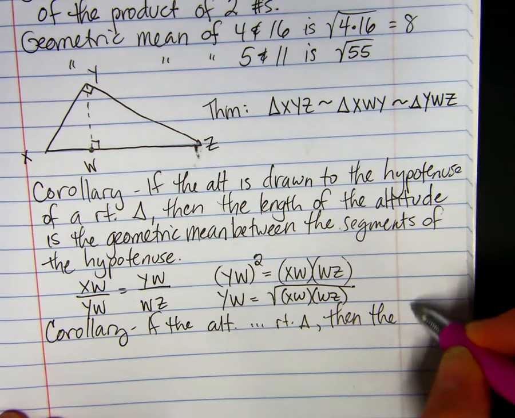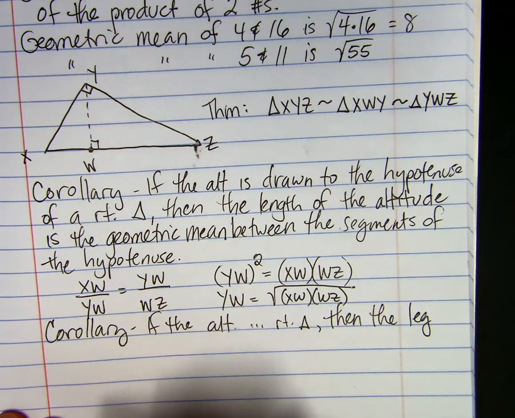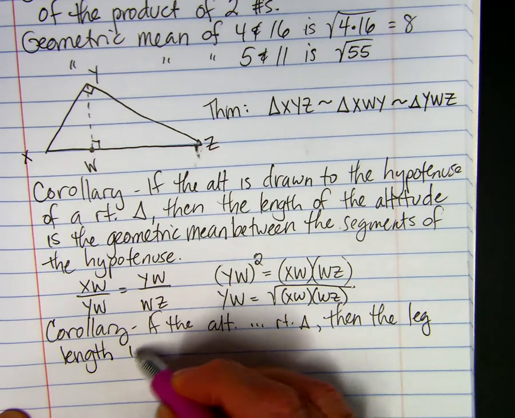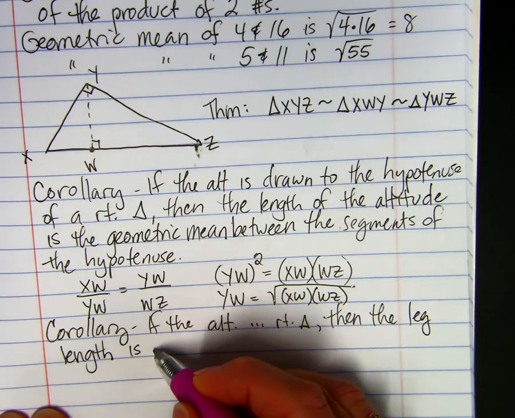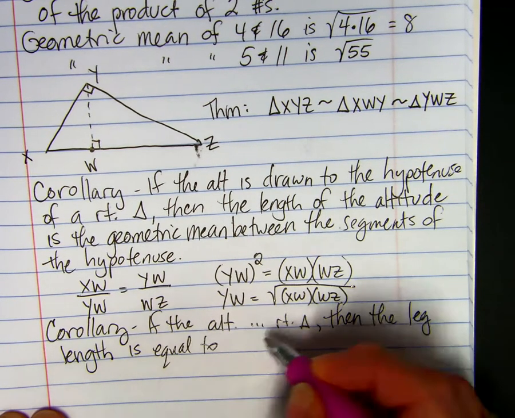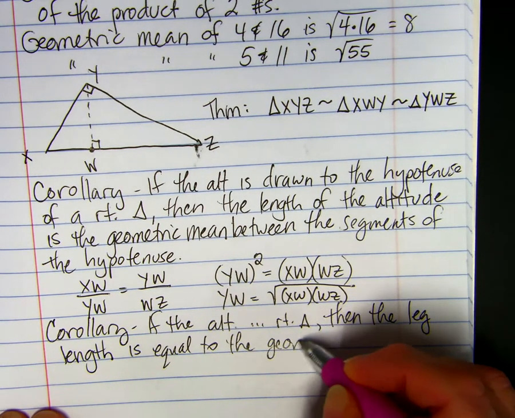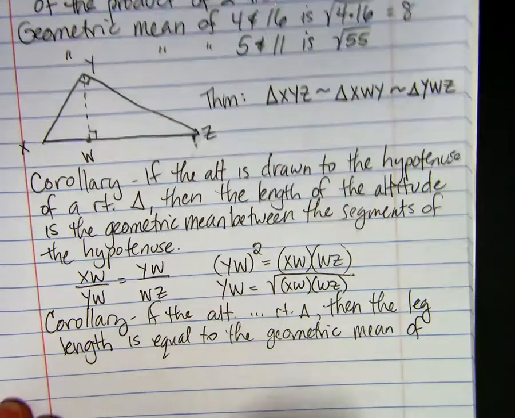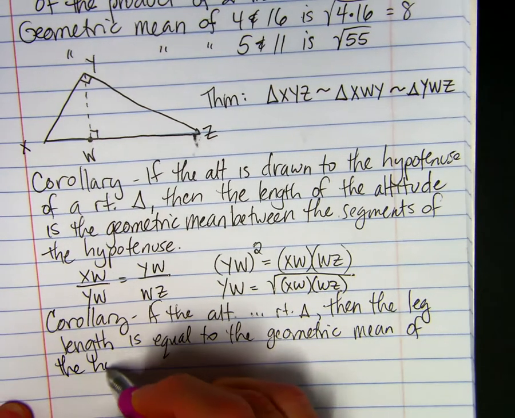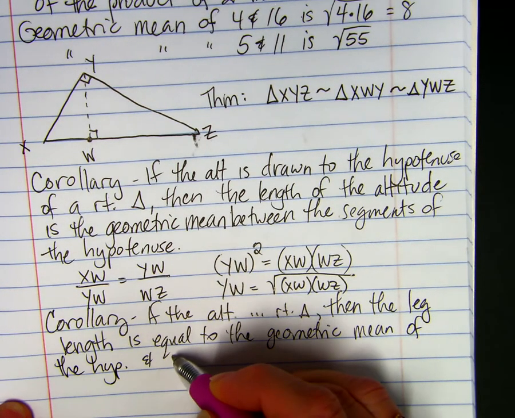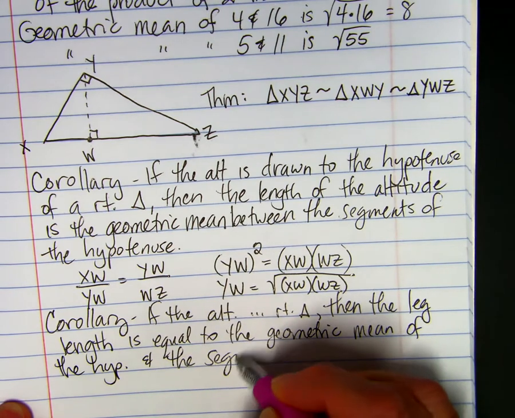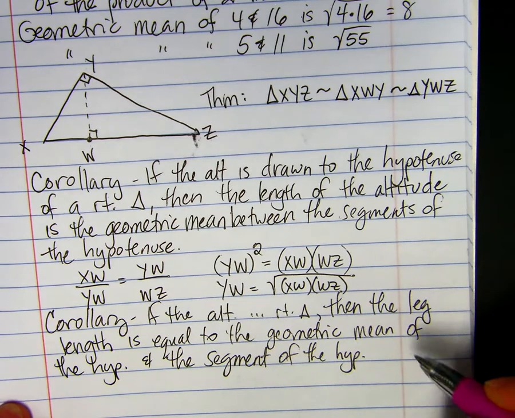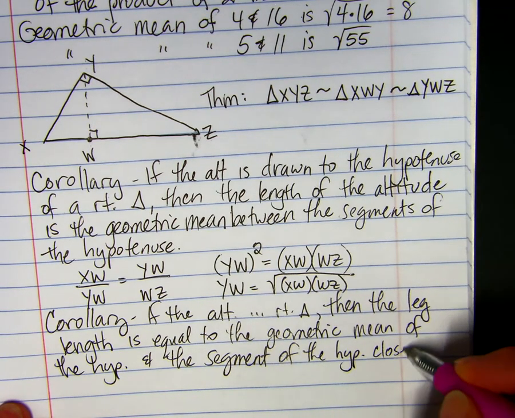Then the leg length, it's supposed to be length of the leg, I'll just put leg length, is equal to the geometric mean of the hypotenuse and the segment of the hypotenuse closest to that leg.